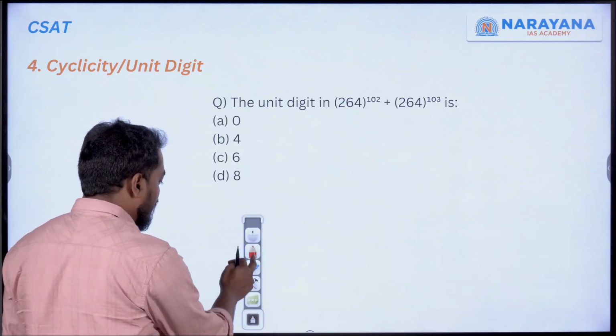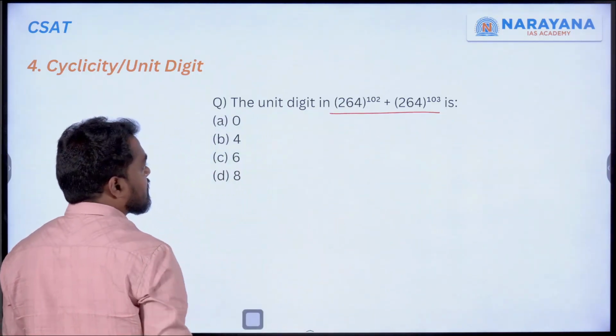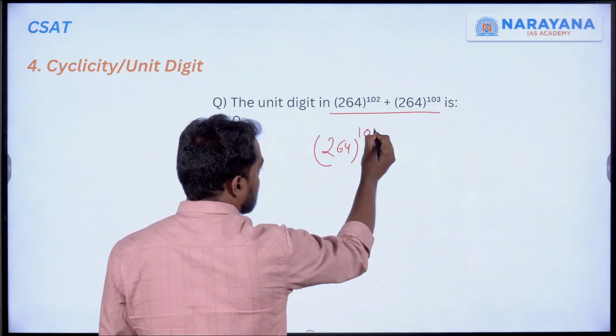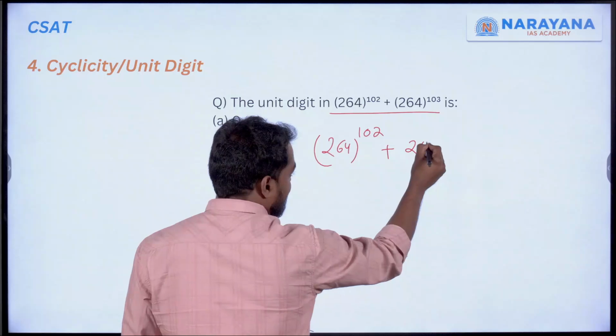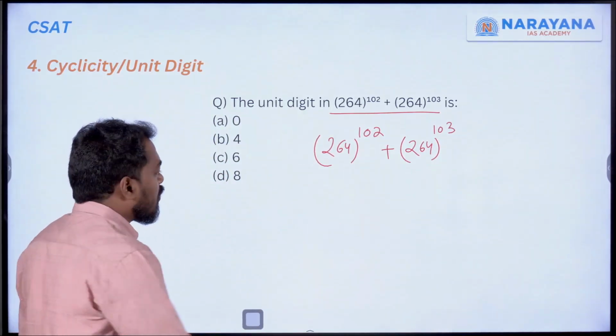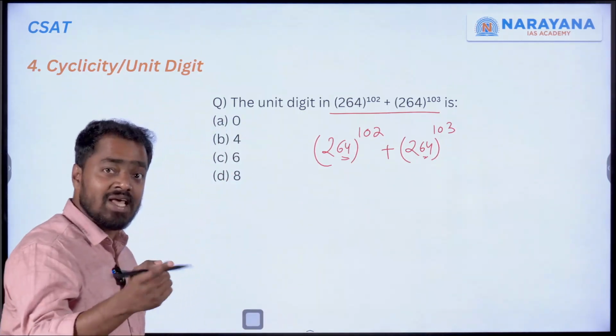Okay, let's solve this one. 264 to the power 102 plus 264 to the power 103. Which rule to apply? What is the base unit digit? That is 4. You have to apply the second rule.